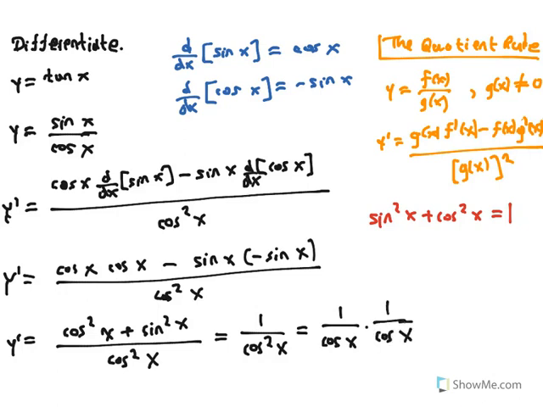And 1 over cosine x by the reciprocal identity is secant x. So this is secant x times secant x, which of course is secant squared x. So the derivative of the tangent function is secant squared x.